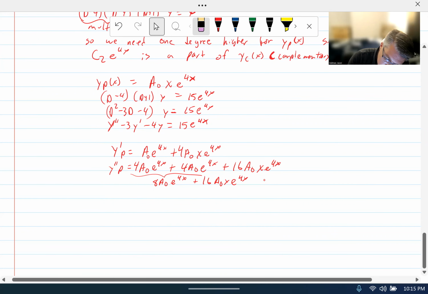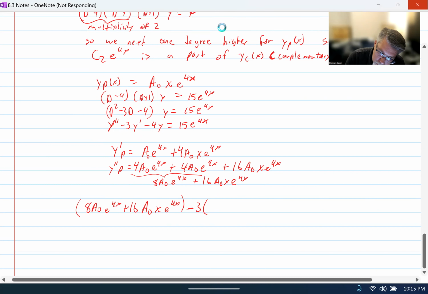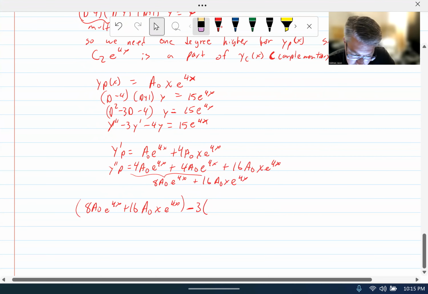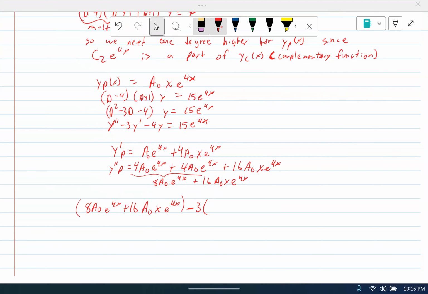Okay, so I know that y double prime was 8 a naught e to the 4x plus 16 a naught x e to the 4x, minus 3 times my y prime, which is a naught e to the 4x plus 4 a naught x e to the 4x.